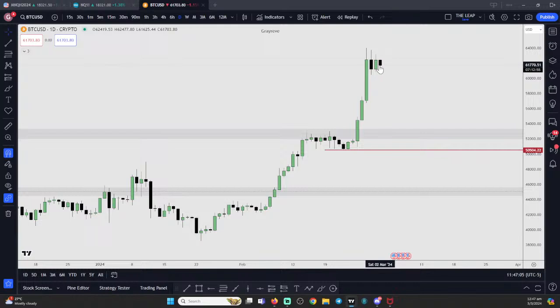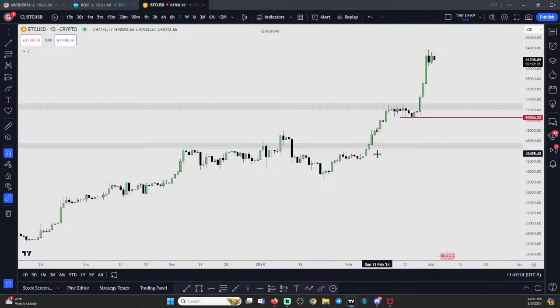Right, any movement away from consolidation, right? But if it closes within this candle here, then I would anticipate longer consolidations, right? Because after all, we do have this large expansion, so consolidation is pretty much expected for Bitcoin.